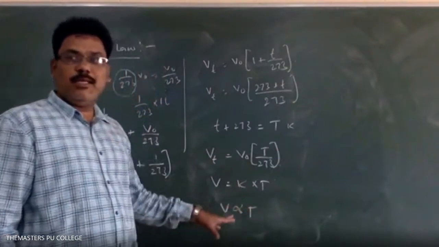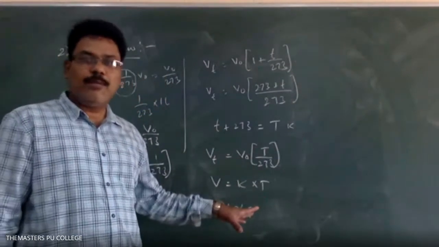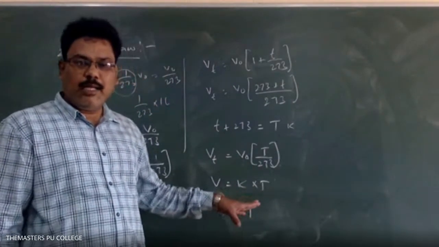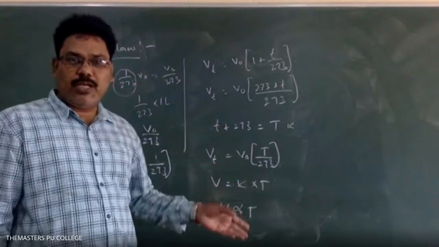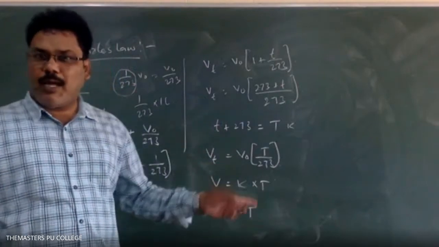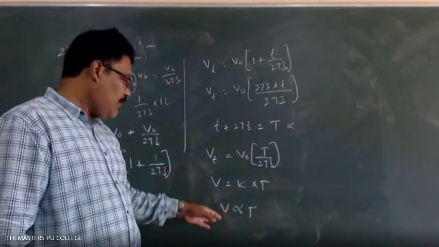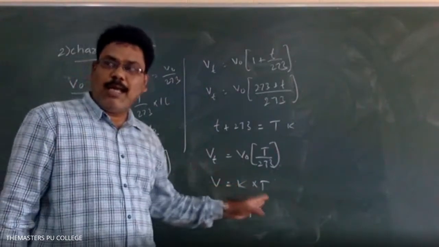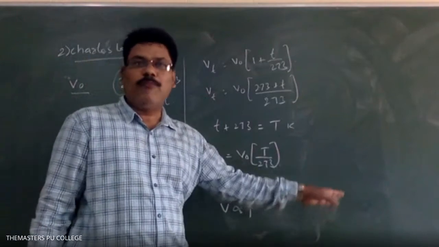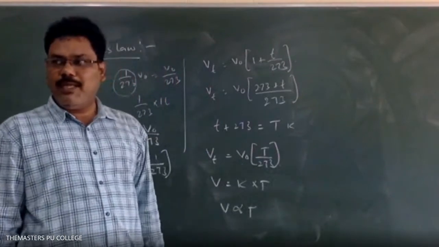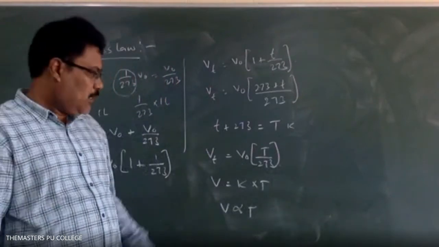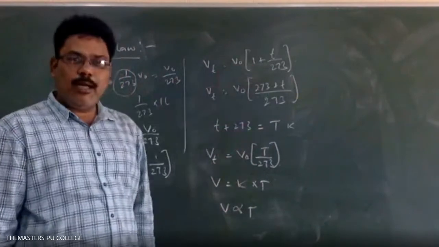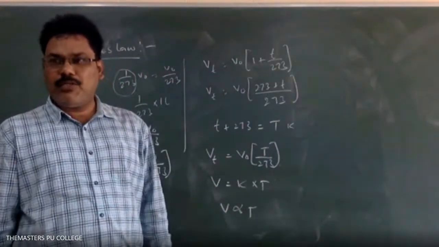So from this, we can say one more statement for the Charles law. That is, at constant pressure for a fixed amount of gas, the volume of the gas is directly proportional to absolute temperature. V is proportional to T. So from this you can write V1 by V2 equal to T1 by T2.